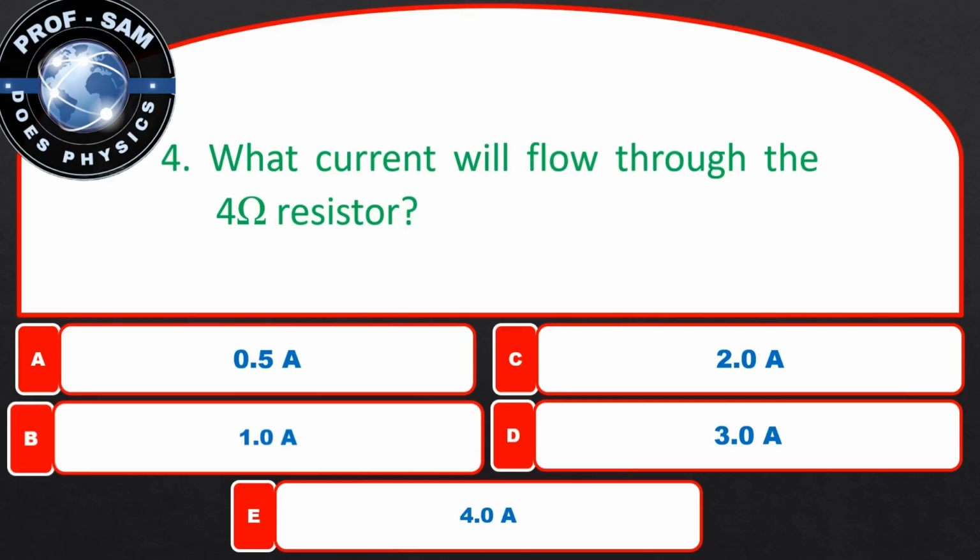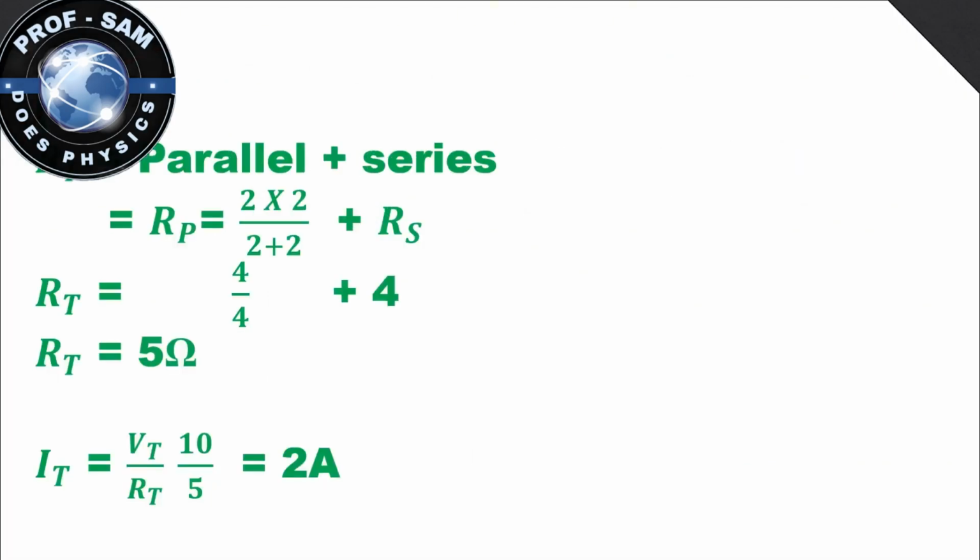So these are under parallel arrangements. We sum up the parallel arrangement by saying 2 multiplied by 2 divided by 2 plus 2. That gives us 1 ohm resistance in parallel. Then we add it to the 4 ohms resistor that is in series with the other 2. So that gives us 1 plus 4, which is 5 ohms.